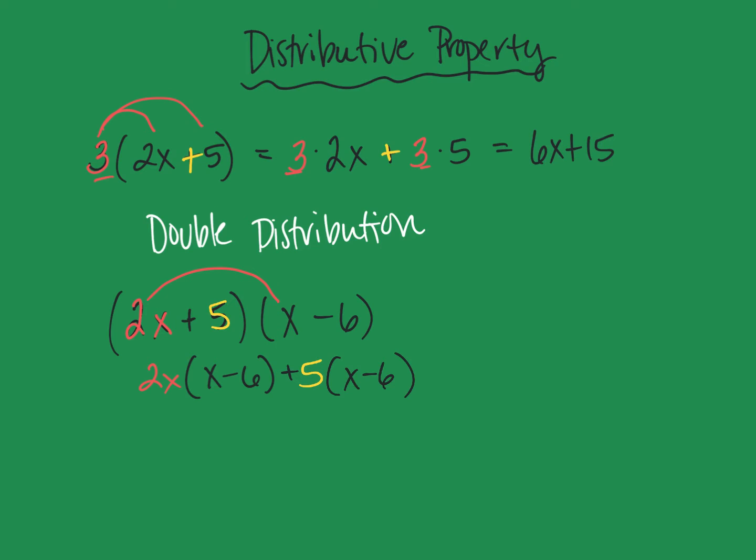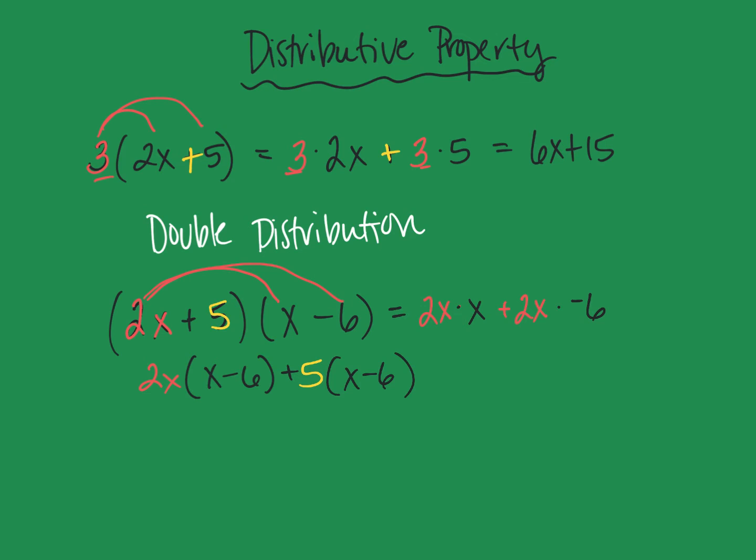So let's see what it looks like otherwise. If I take that 2x and multiply it, 2x times x, plus 2x, because the 2x is positive, times negative 6. That's our first distribution.